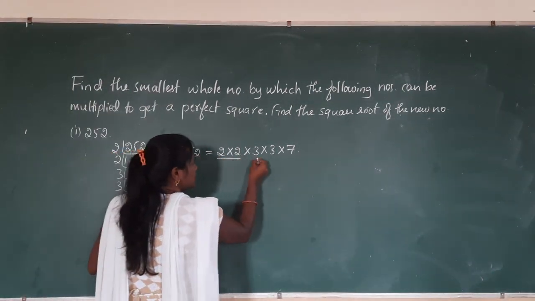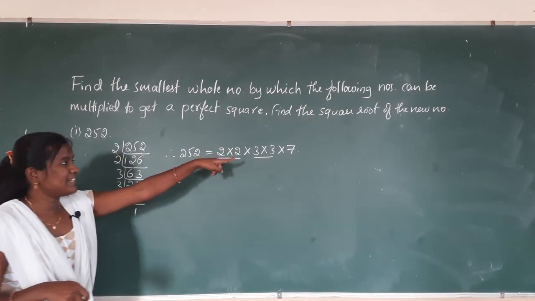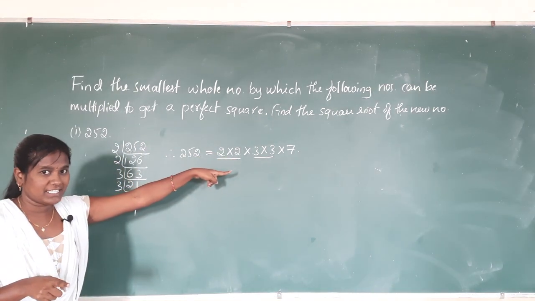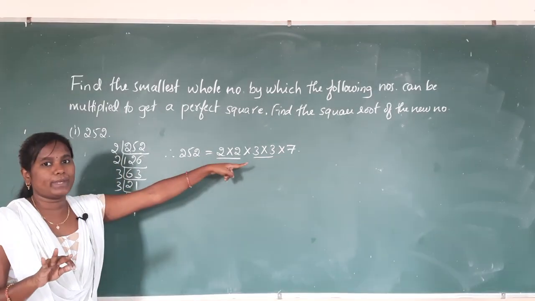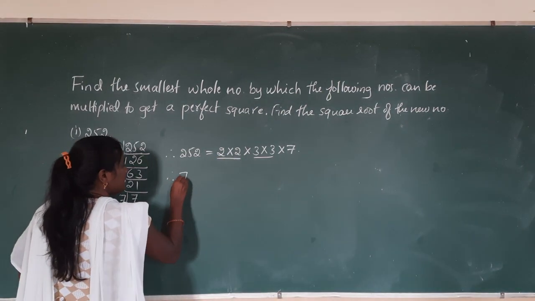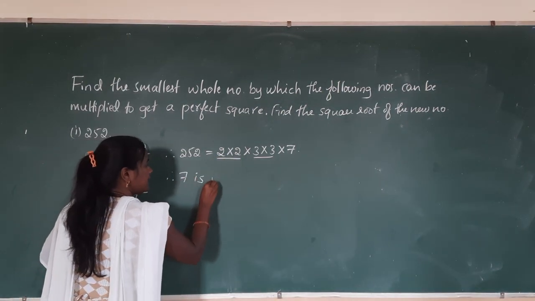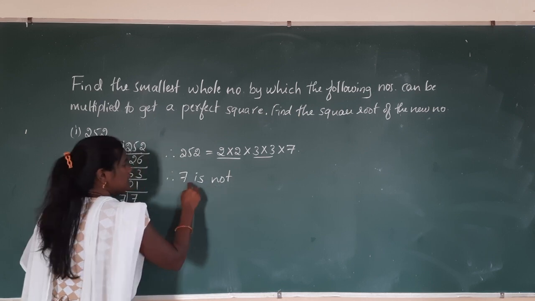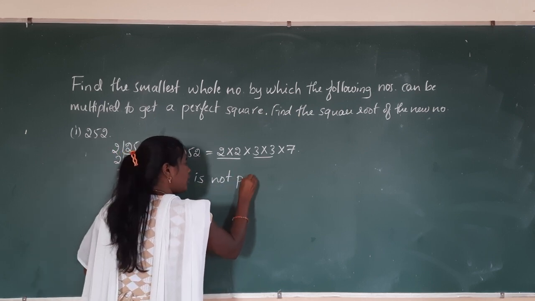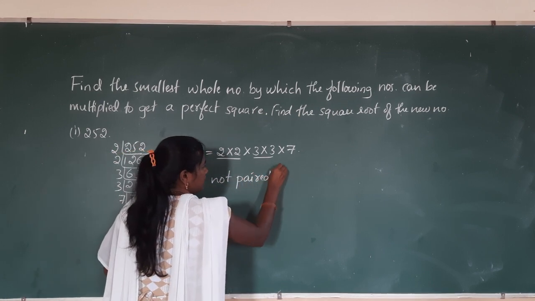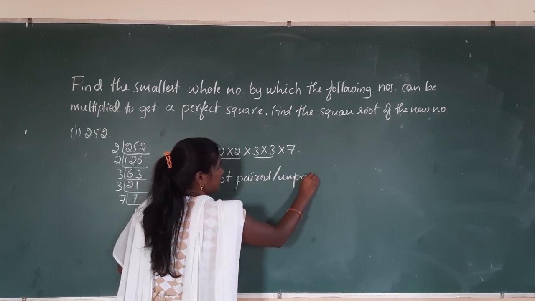Here if you see, 2 and 3 are paired but 7 is unpaired, isn't it? 7 has no pair. Therefore, 7 is not paired, or unpaired. Yes, 7 is unpaired.